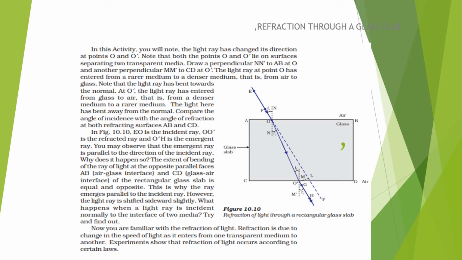Compare the angle of incidence and the angle of refraction at both the refractive surfaces AB and CD. So in this case, EO is the incident ray, OO dash is the refracted ray, and O dash H is called the emergent ray.